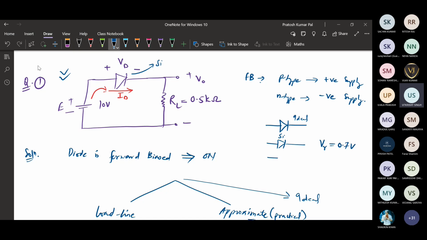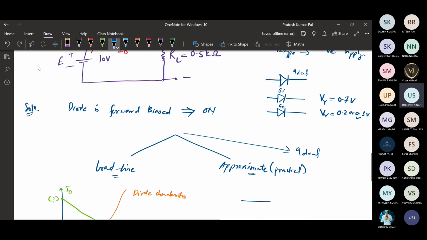Sometimes the diode symbol is labelled germanium. In that case, we will use 0.2, or sometimes 0.3 volt. If it is given in the question, we will take whatever voltage is given, or we will consider 0.3 for the germanium case.